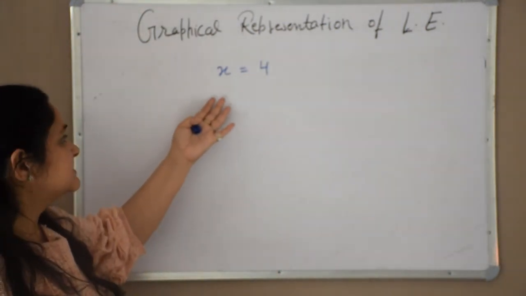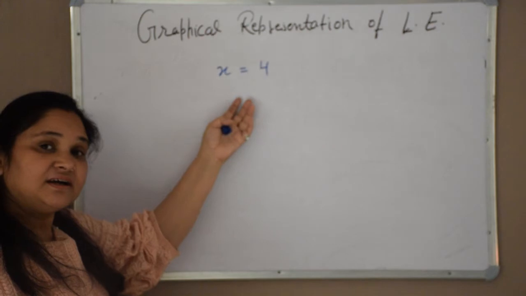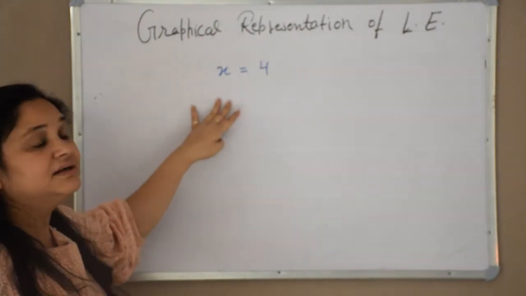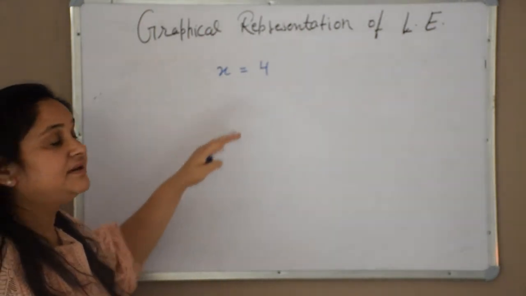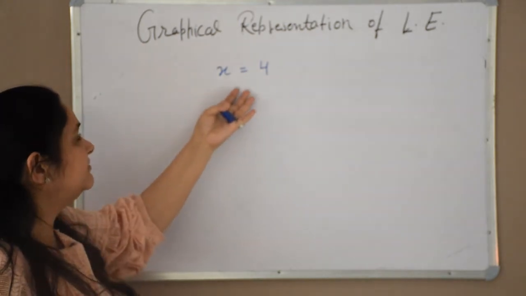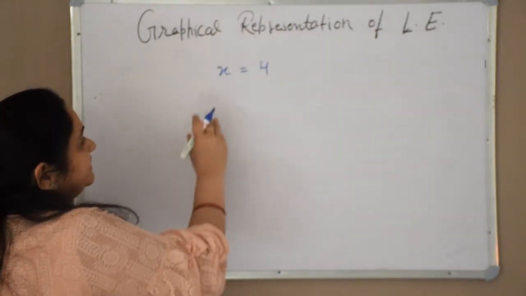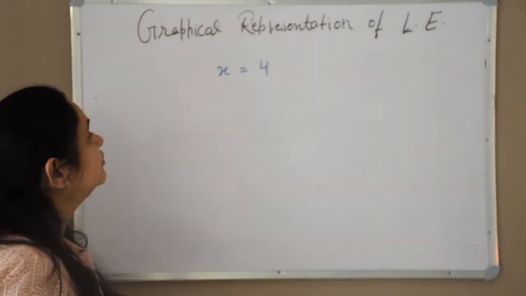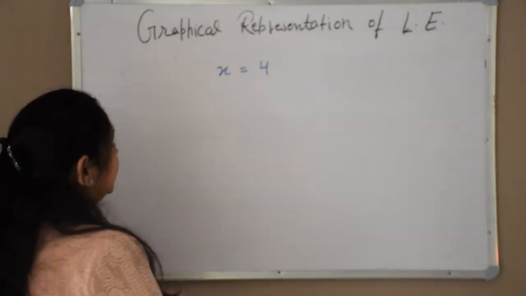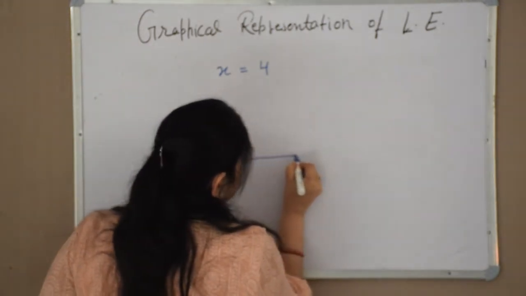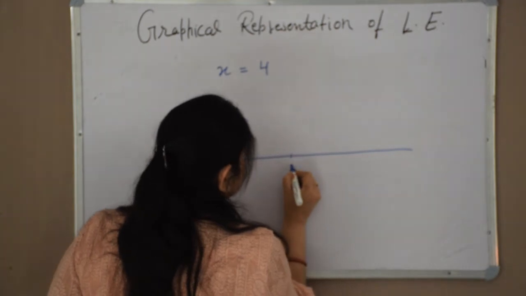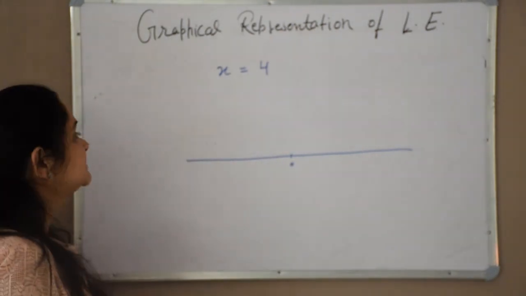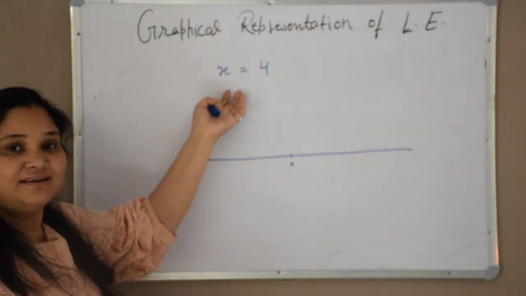They can ask to represent it in a single variable or in 2 variables. If we have to plot it on the graph by single variable, we will just draw our number line, as we were doing in our earlier classes.